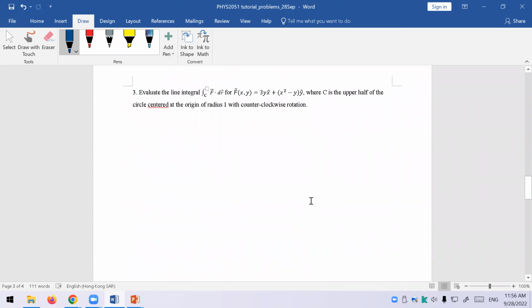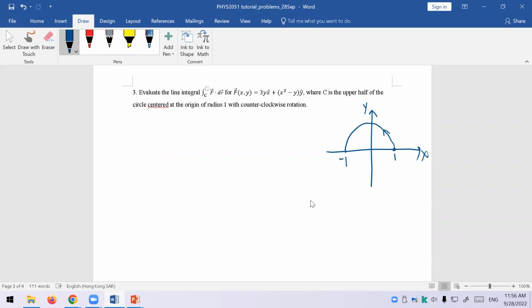So this one, integration over a semicircle, right? The upper half of a circle centered at the origin. So like this, and it has a radius 1, right? So that means I go from here, x equals 1 to x equals minus 1. So I'm doing counterclockwise rotation. Okay.